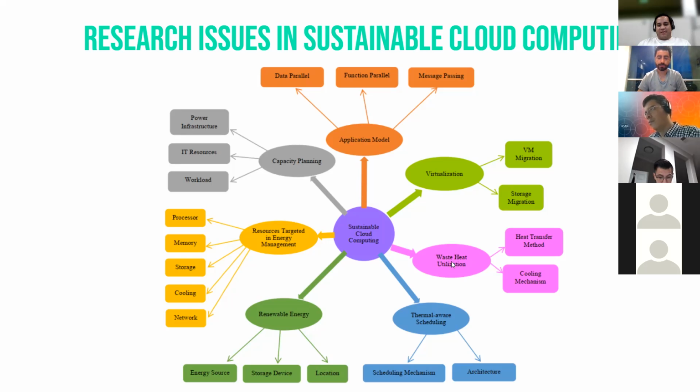In this paper, the authors didn't mention more than using the heat to heat a building. I think that there can be other heat utilizations, but for now we are only getting this solution or this approach.